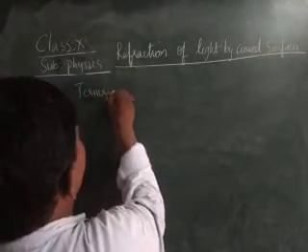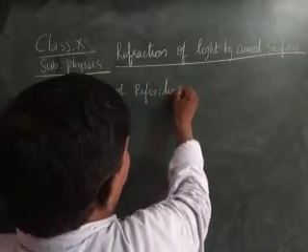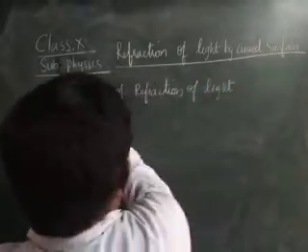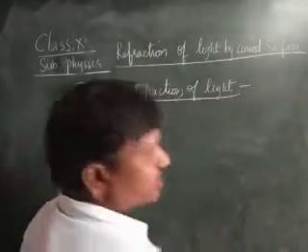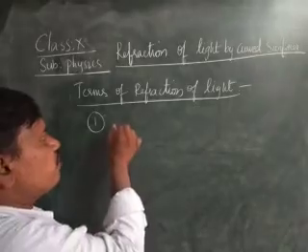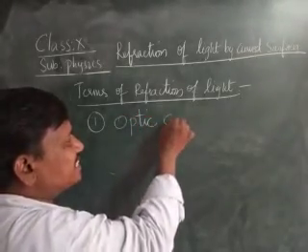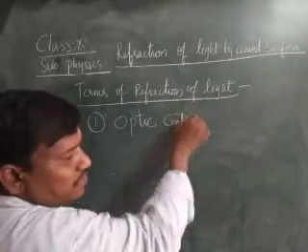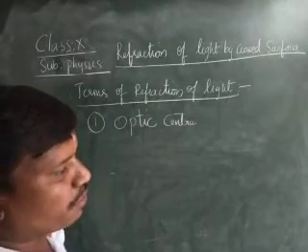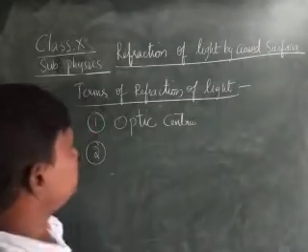The terms of refraction of light. Normally, in the reflection of light we used a pole, but here instead of pole we will be using the optic center.